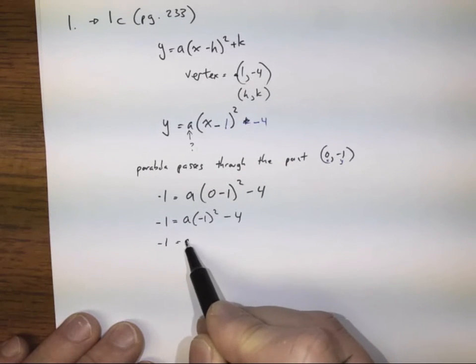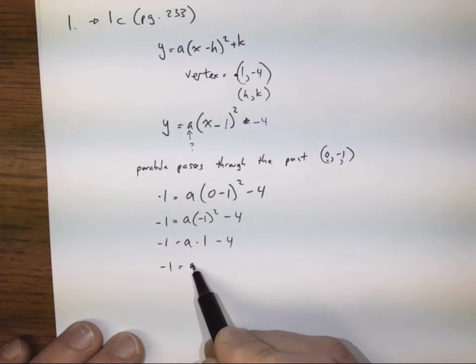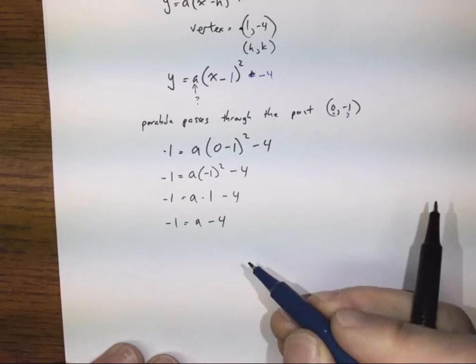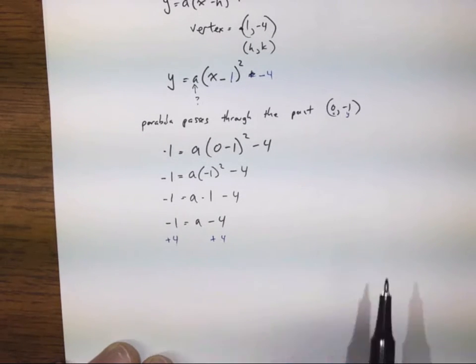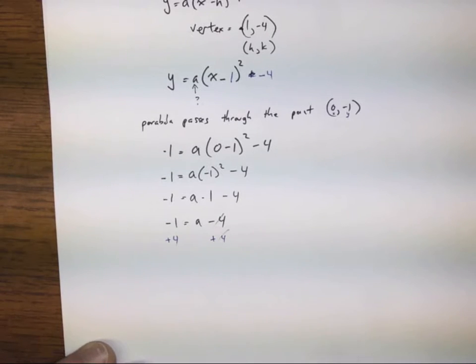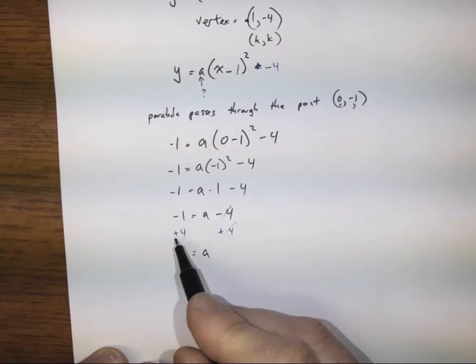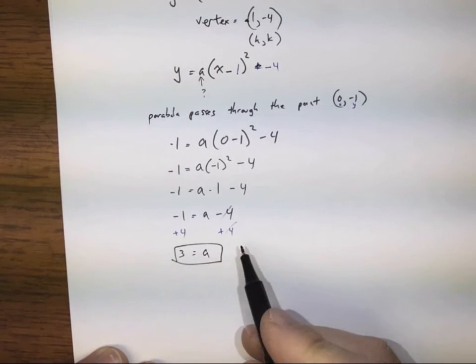It's going to give us +1, which is the same thing as saying -1 is equal to A, take away 4, right? And then to isolate A, to get it by itself, we're going to add 4 to both sides. And when we're done, we get A is equal to -1 plus 4, which is 3, which is what we thought it was earlier, and this is just a way to confirm.